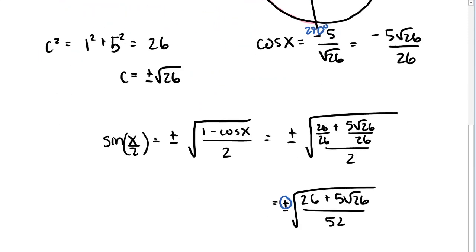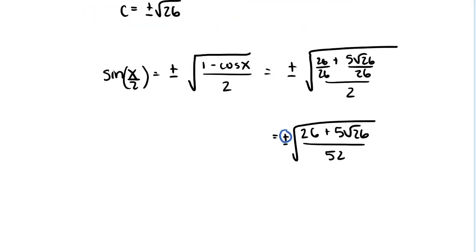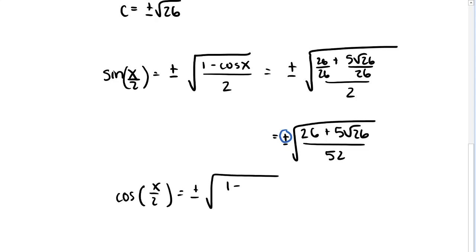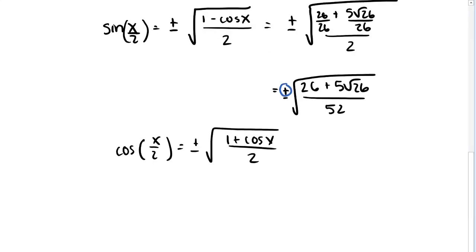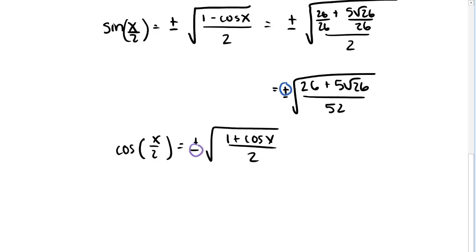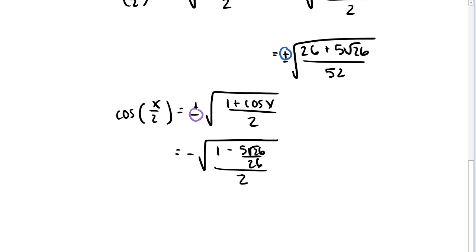So if we go through the same motions, but for cosine, this is going to be negative. So here we have plus or minus the square root of 1 plus cosine of x, all divided by 2, and cosine of x over 2 is going to be negative. So this is negative the square root of 1 minus 5 square root 26 over 26, all divided by 2.